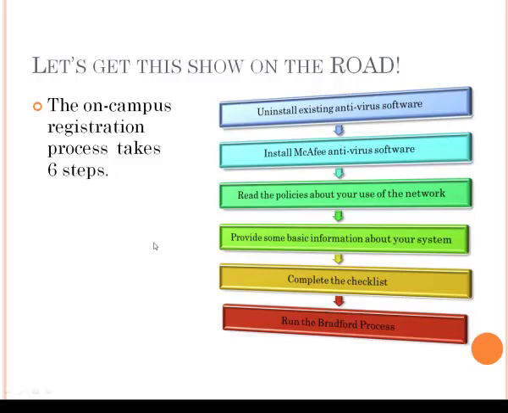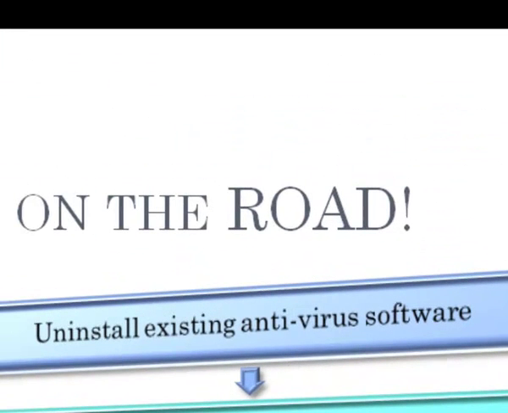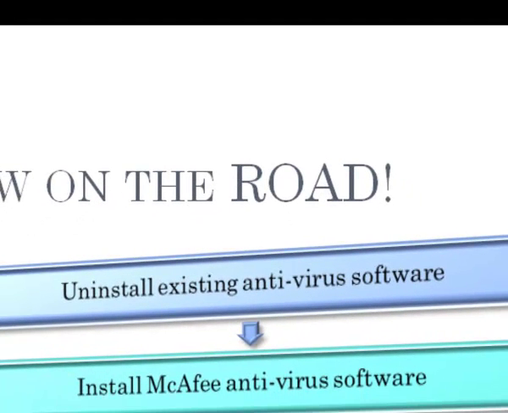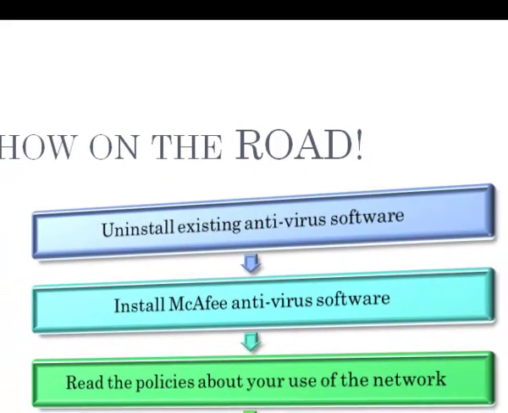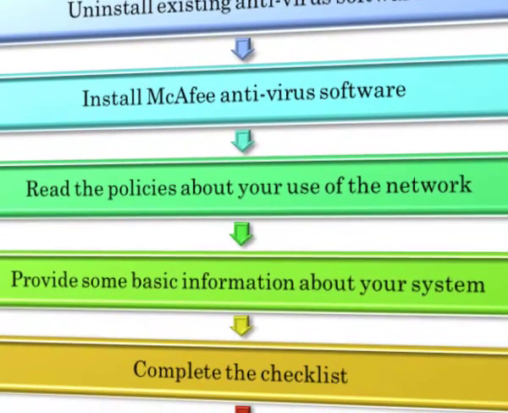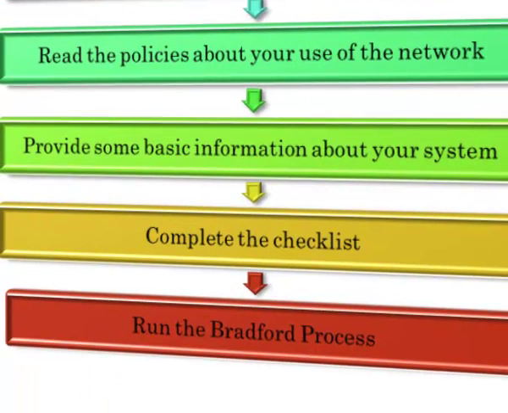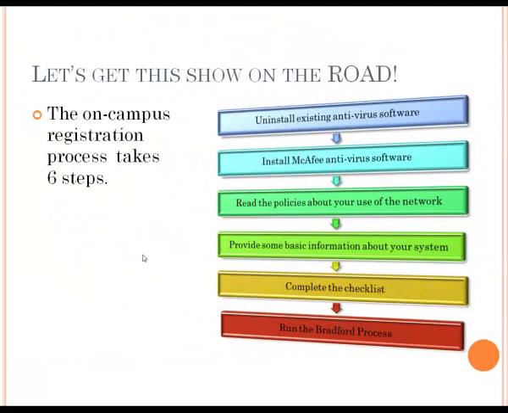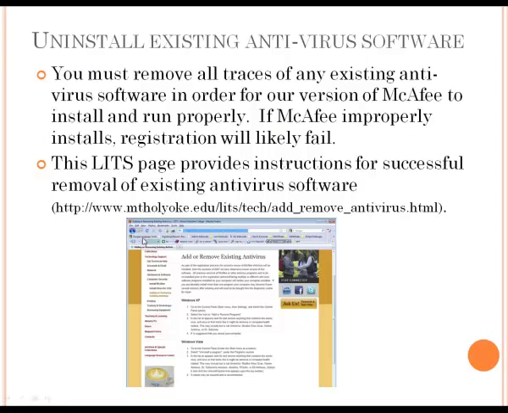You will uninstall existing antivirus software, install Mount Holyoke College's version of McAfee, get acquainted with the network use policies, provide some basic information about your system, complete the registration checklist, and finally, run the Bradford process.